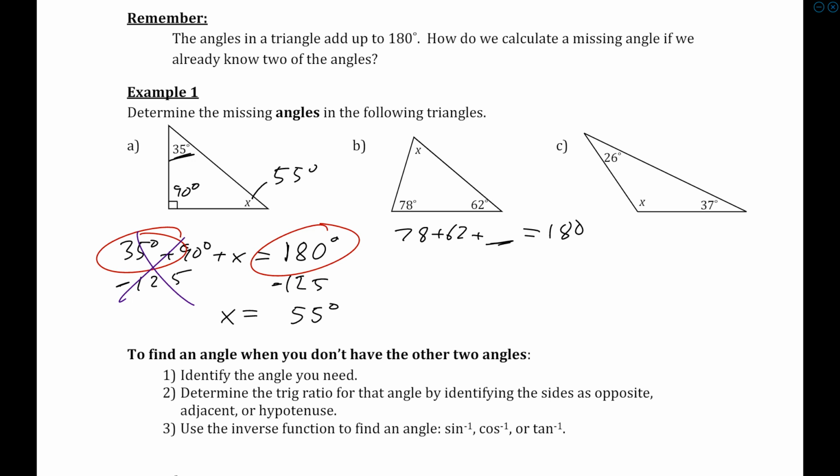You may not need to do any fancy math at that point. 140 plus what is 180? Or 40 plus what is 80? Close, but not really. Yeah, 40. Right? 78 plus 62 plus 40 is 180. You're just asking what number fills in that blank. So this here is 40 degrees.